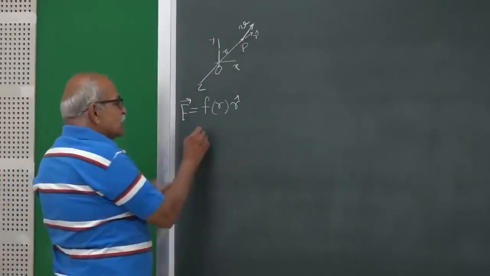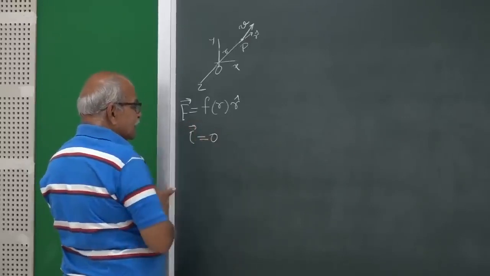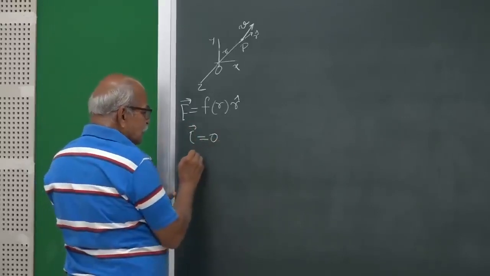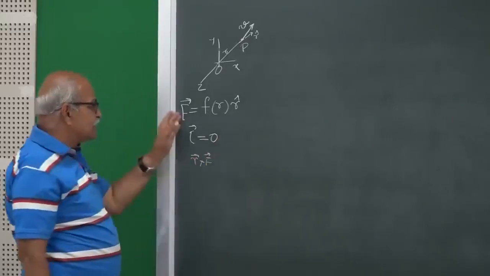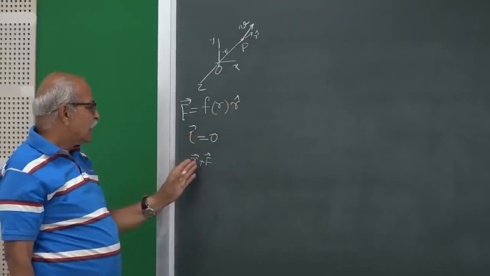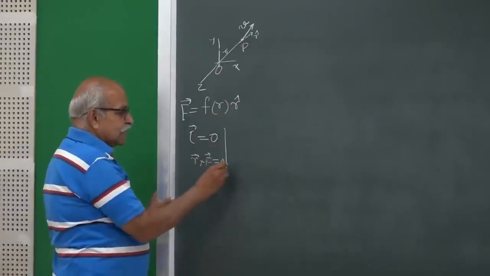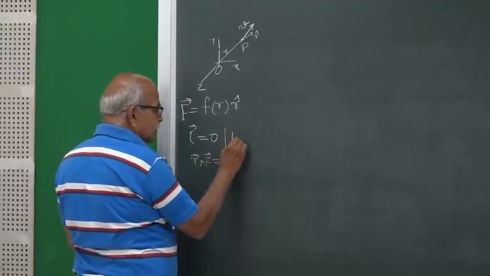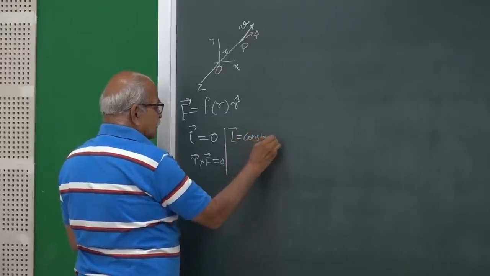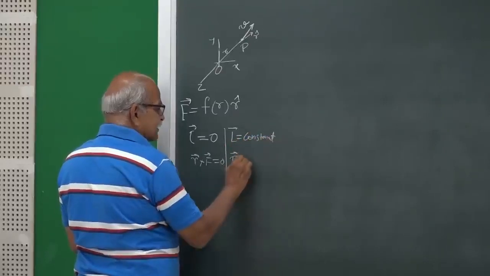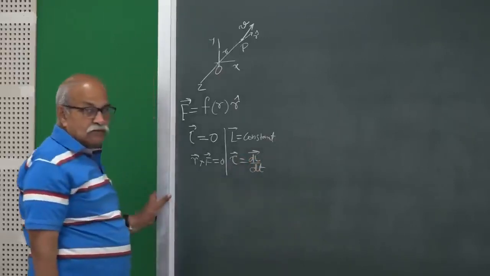And then we saw that the torque on the particle is 0, because at any time, what is torque? Torque is r cross F, and since F is in this radial direction, r vector is in the radial direction. So, this is 0, and torque 0 means the L vector is constant, because your torque is dL/dt, right.